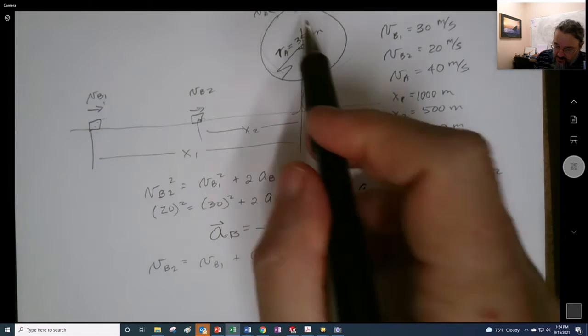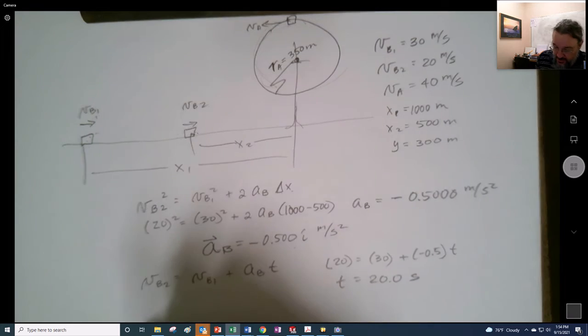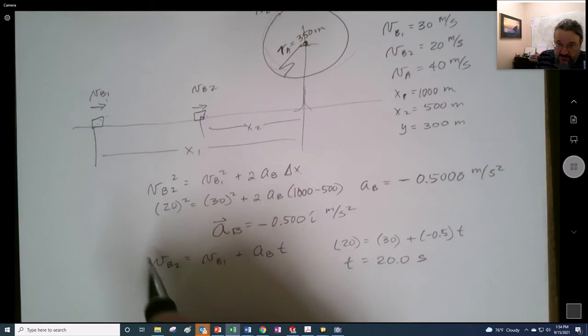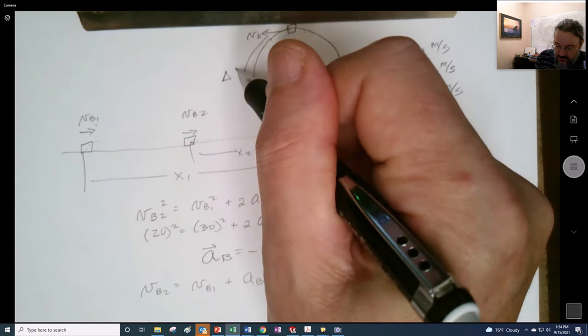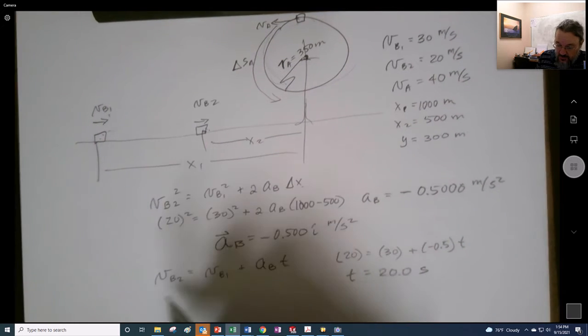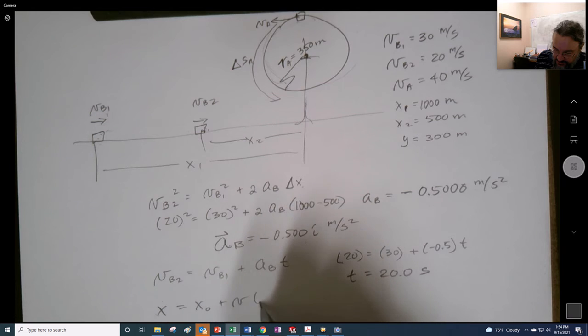20 seconds. So now we have to find out where the plane is located along there. Let's call this arc length right here delta SA. We're using the constant velocity expression, velocity times time.